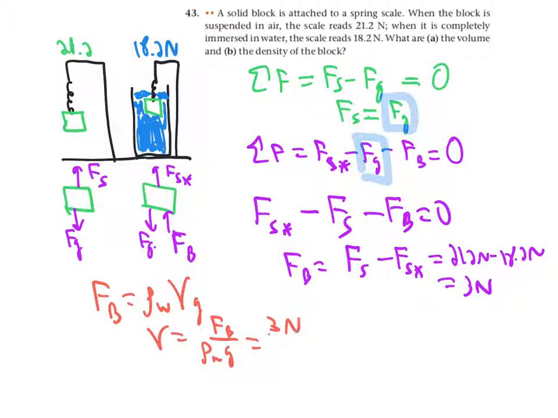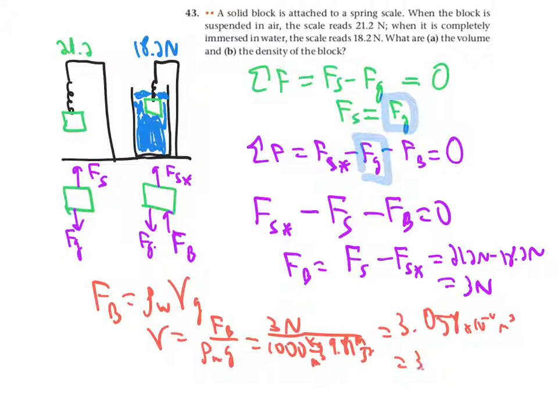So 3 newtons over, we assume it's clear water, still water because they don't say anything otherwise, so we'll take a density of 1,000 kilograms per meter cubed, and then we have 9.8 meters per second squared, and so the volume turns out to be 3.058 times 10 to the minus 4 meters cubed, and given that we have 3 sig figs, it's really 3.06 times 10 to the minus 4 cubic meters.